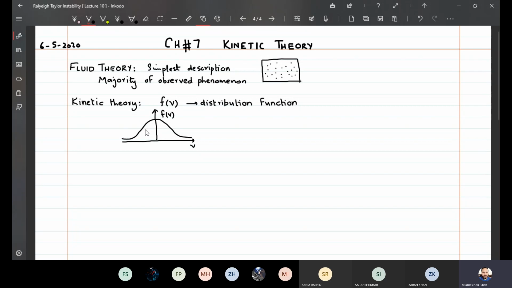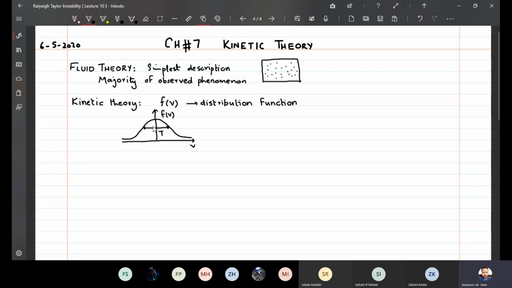Such a distribution is characterized by a quantity, and the width of this distribution is the temperature of the plasma. So instead of the distribution, we used temperature to denote the Maxwellian distribution in fluid theory.